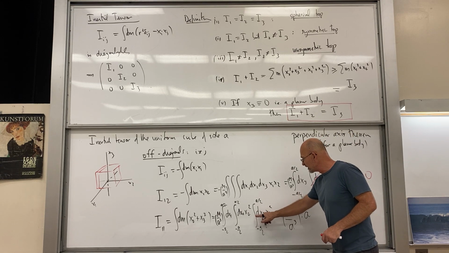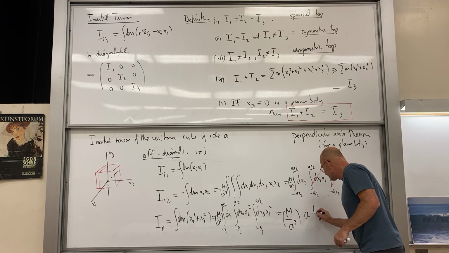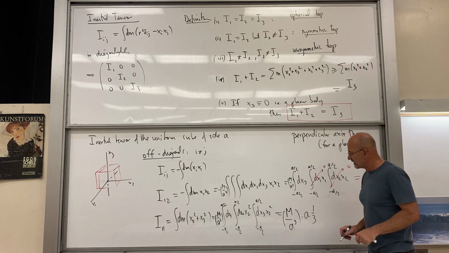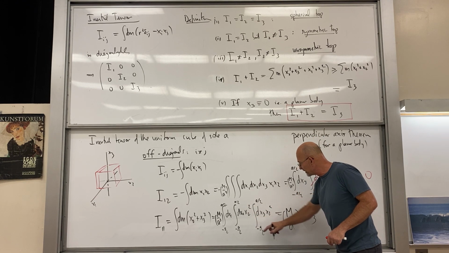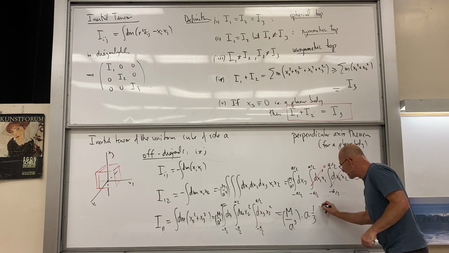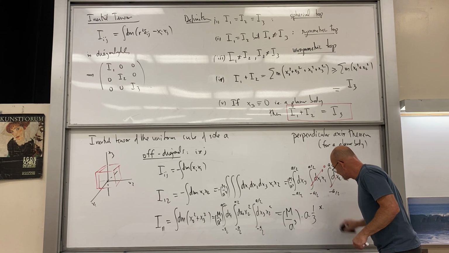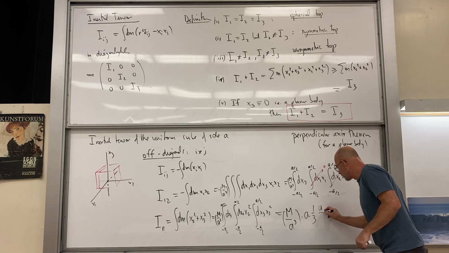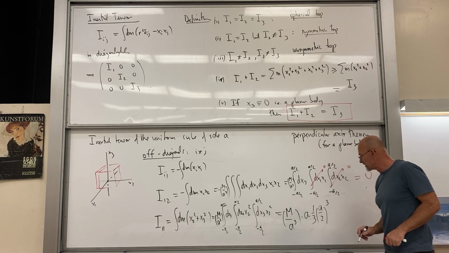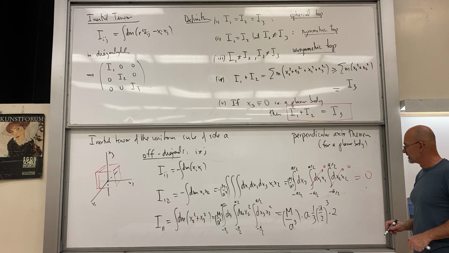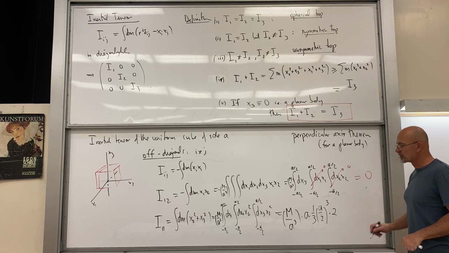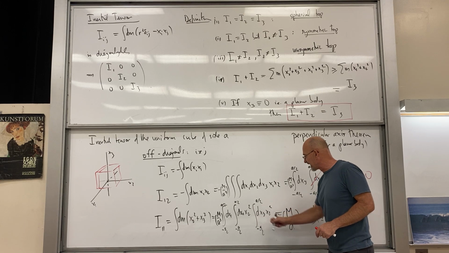This one here is going to be a 1/3 times x2 cubed, evaluated from a over 2 to minus a over 2. So that's 1/3 a over 2 cubed times 2 for the upper and lower boundary. And then the same thing happens again, so that's times 2.